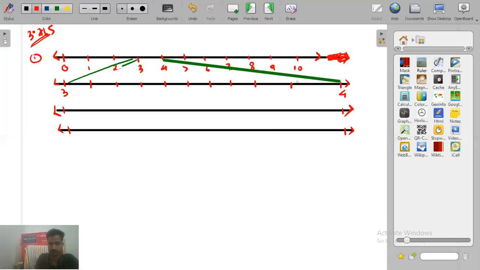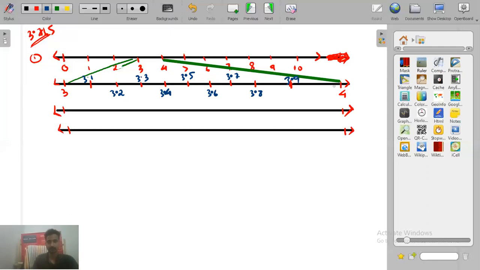Okay, 10 equal parts. So it will be your 3.1, then 3.2, 3.3, 3.4, 3.5, 3.6, 3.7, 3.8, 3.9, and it is your 4.